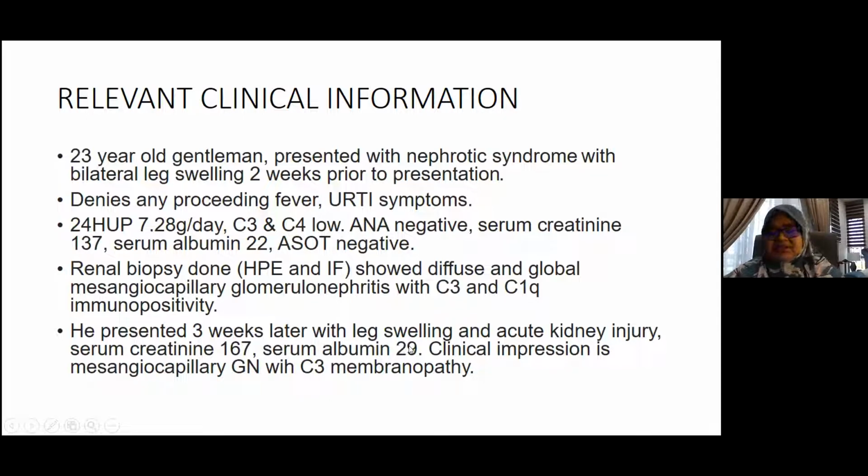The albumin is otherwise 29. Again, the clinical impression based on the previous biopsy was mesangiocapillary, or what we used to call membranoproliferative GN type 1 with C3 membranopathy.